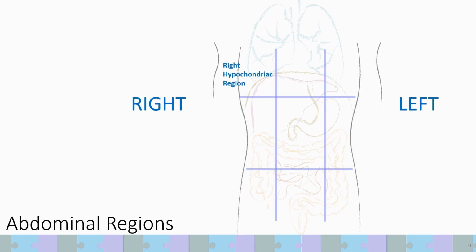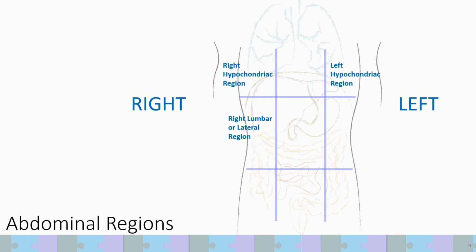Okay, so on the right, we always start with the term right. And then this top section here on the right is referred to as the right hypochondriac region. The good news is on the left-hand side in that very top region, this is just the left hypochondriac region. Next up, we have the right lumbar or the right lateral region.